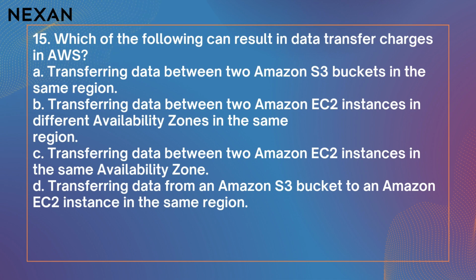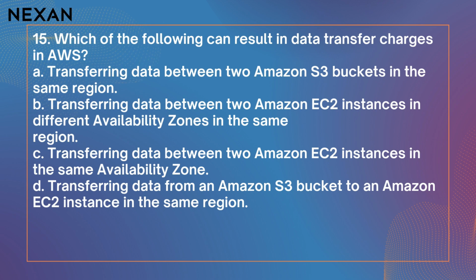15. Which of the following can result in data transfer charges in AWS? A. Transferring data between two Amazon S3 buckets in the same region. B. Transferring data between two Amazon EC2 instances in different availability zones in the same region.